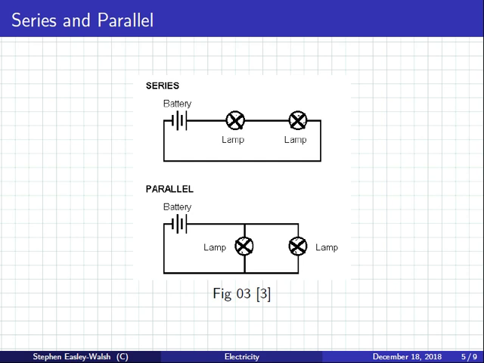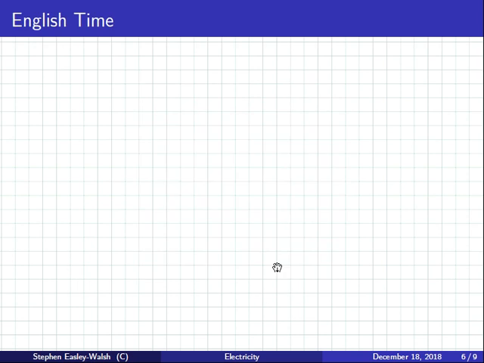You drew it? Where did you see these words before? Parallel, spring, in maths. The spring, yeah, the K1 and the K2.